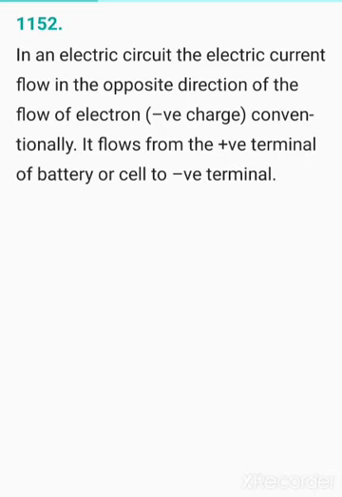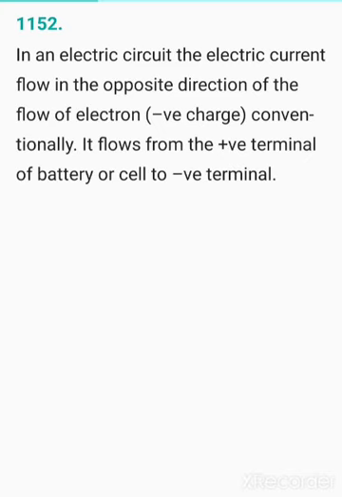Okay students, now obviously in an electric circuit the current flows in the opposite direction to the flow of electrons. Conventionally it flows from the positive terminal of a battery or cell to the negative terminal. Basically, electric current always moves from positive to negative and electrons move from negative to positive.